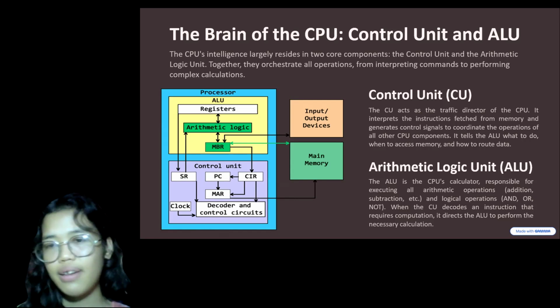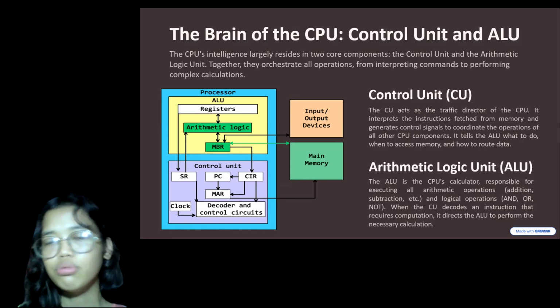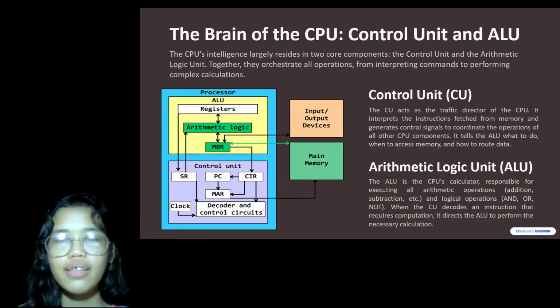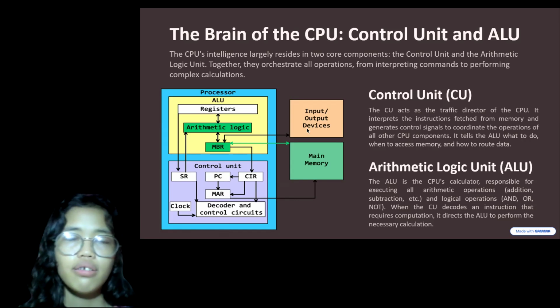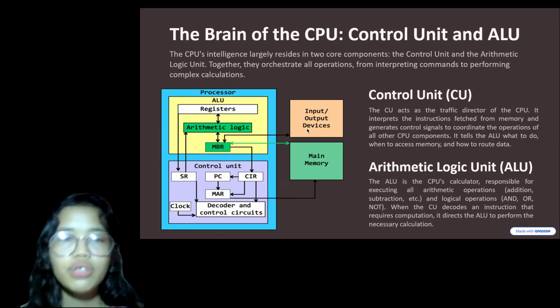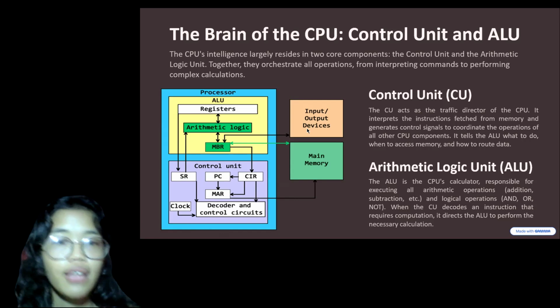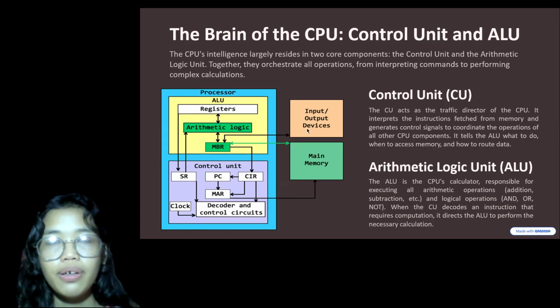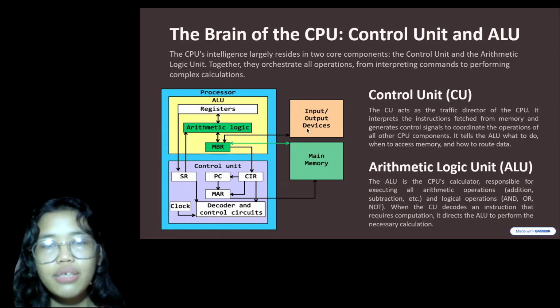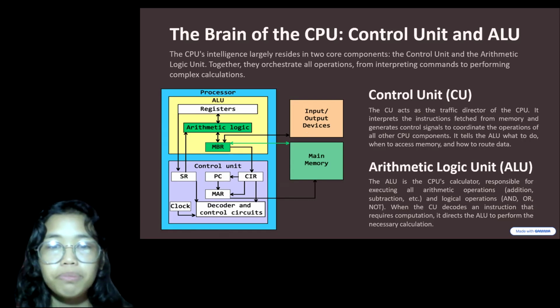It tells the ALU what to do, when to access memory, and how to route data. So the control unit basically decodes instructions, controls data flow, and activates hardware pathways.